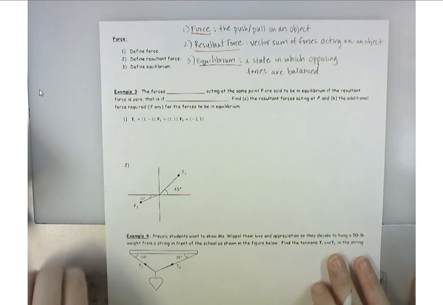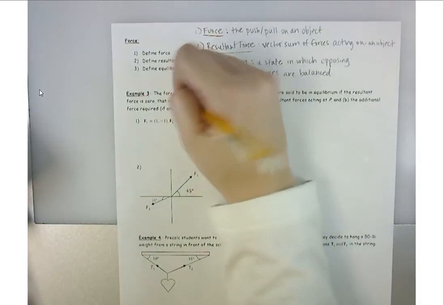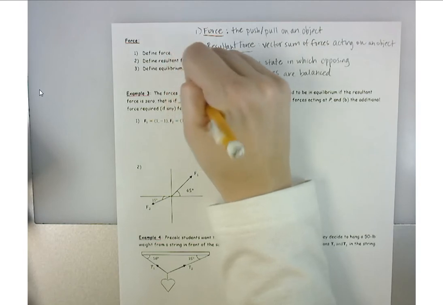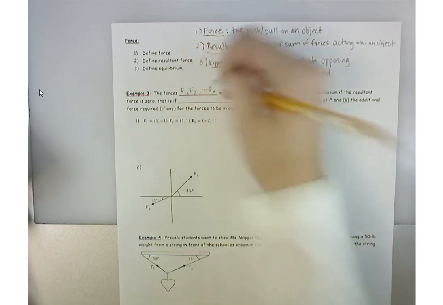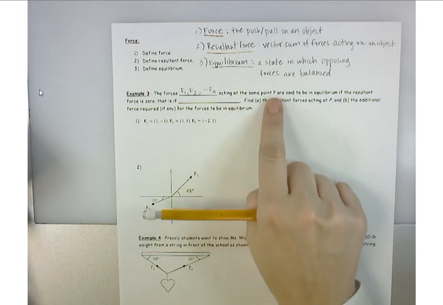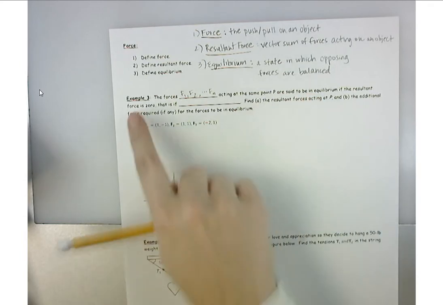All right, so we're going to use those in our next example. The forces F sub 1, F sub 2, all the way up to F sub n that are acting at the same point P are said to be in equilibrium if the resultant force is 0.